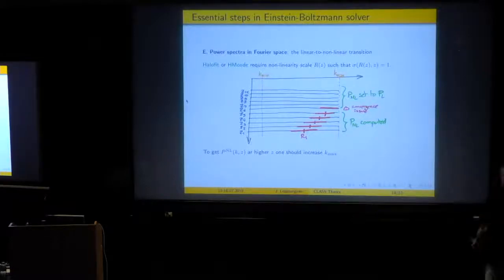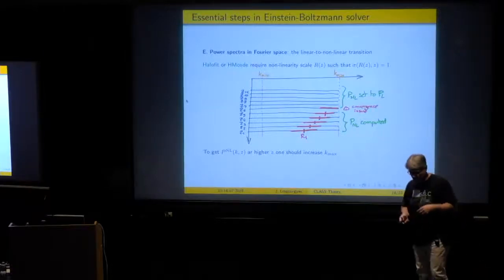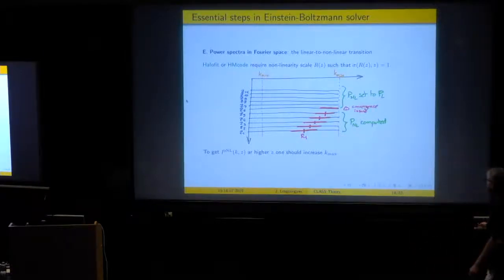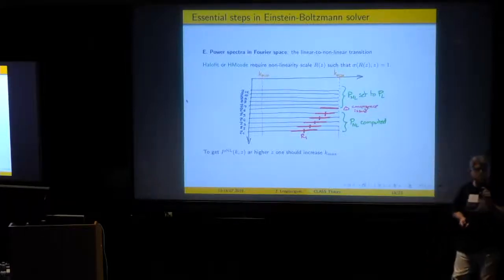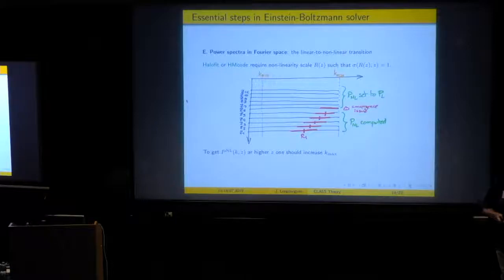So it means that the nonlinear power spectrum computed by HaloFit will really have nonlinear values up to a redshift and linear values above. And the redshift at which this happens has been determined automatically and is given in the output. So you know that above a given redshift, nonlinear corrections were not computed.